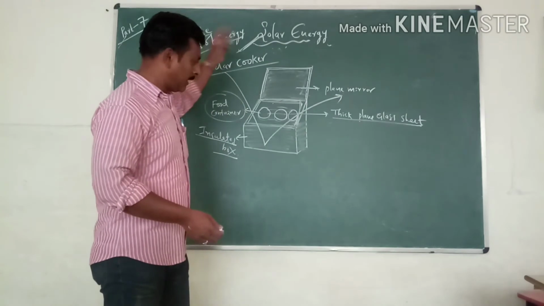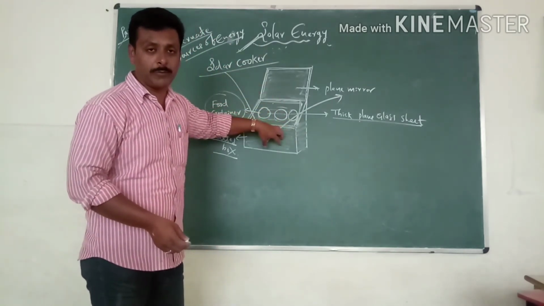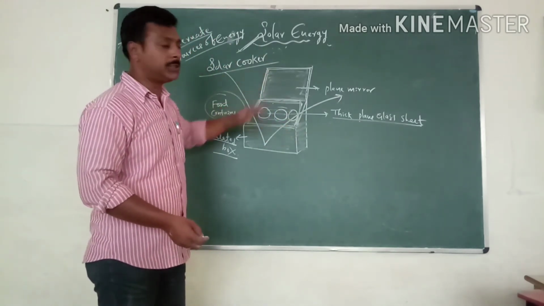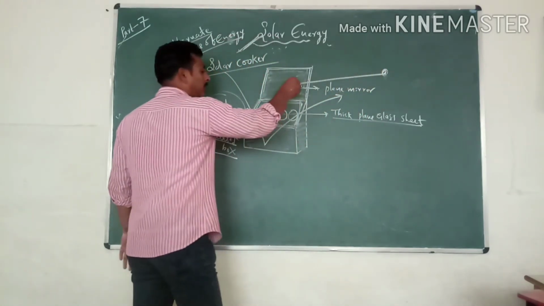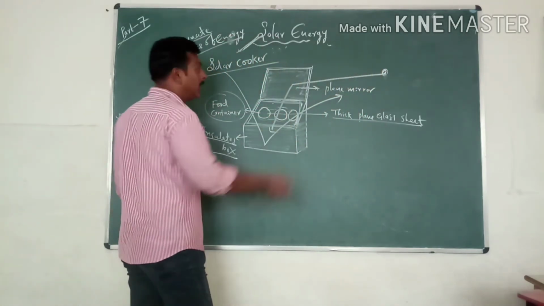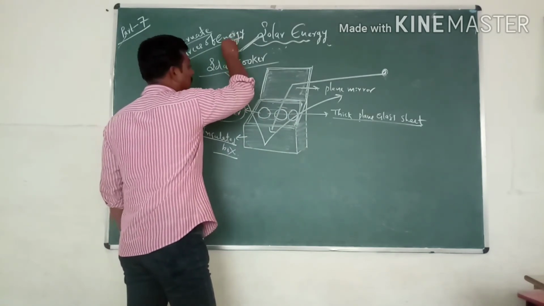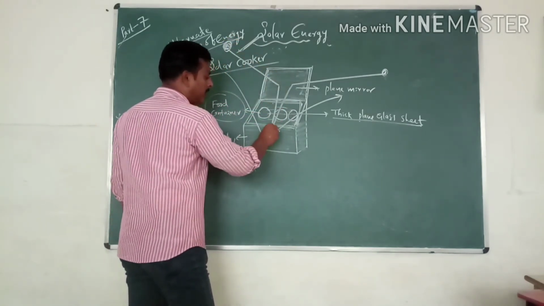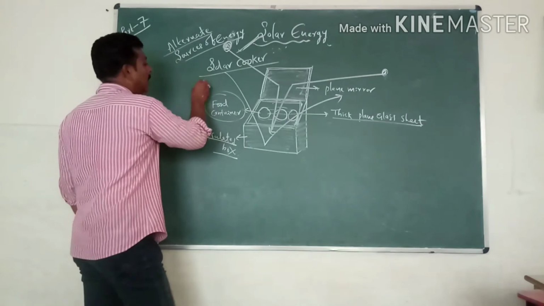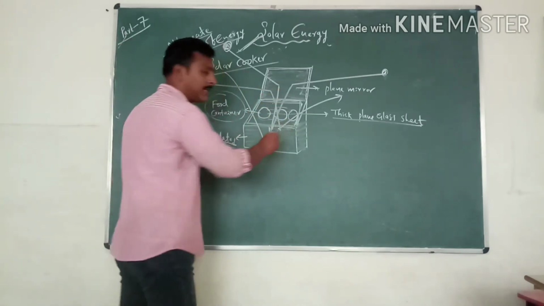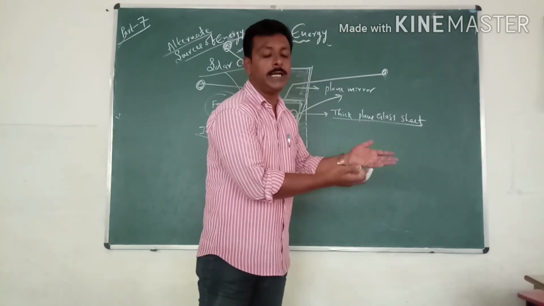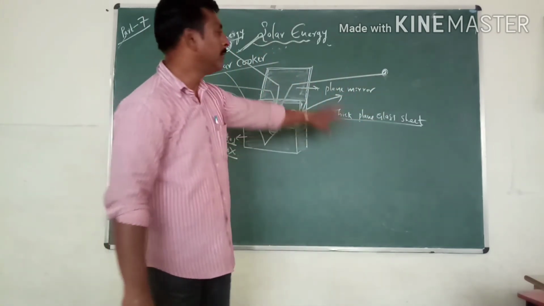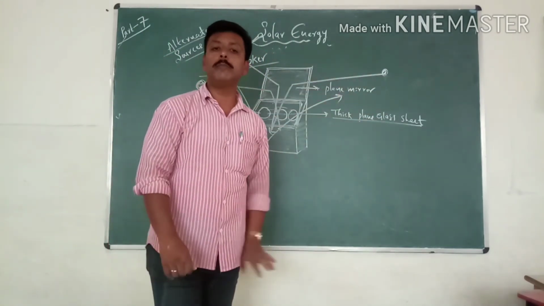But sunlight has to fall inside the box to make the reflection of light. अगर यहाँ sun यहाँ पे रहा तो उसका light यहाँ reflect होके box के अंदर रहेगा. अगर सन यहाँ रहा तो उसका लाइट रिफ्लेक्ट होके बॉक्स के अंदर आना. यहाँ सन रहा तो भी उसका रिफ्लेक्शन होके बॉक्स के अंदर आने के लिए, to reflect the solar energy and enter into the box, we are using the plain mirror.